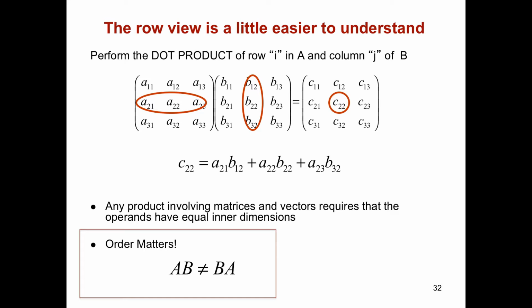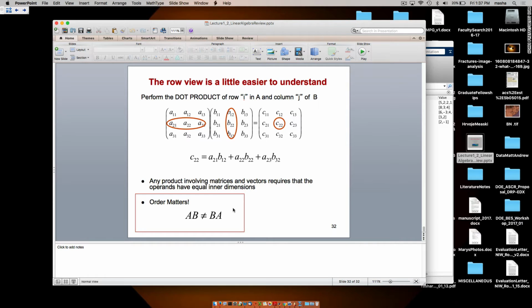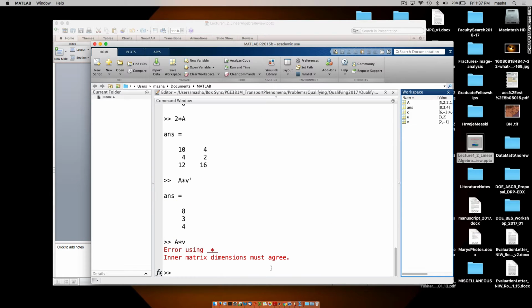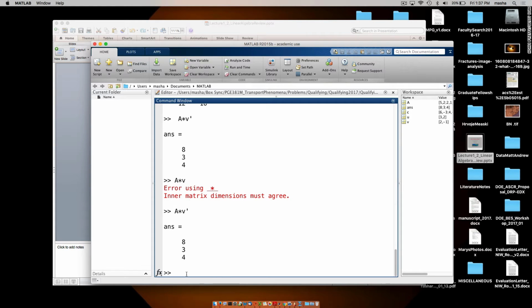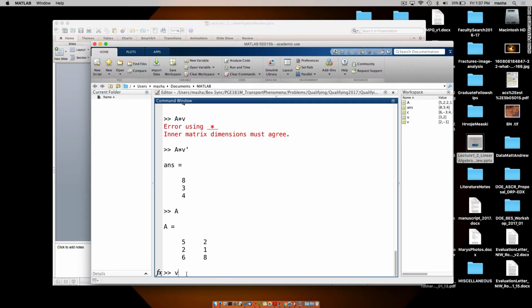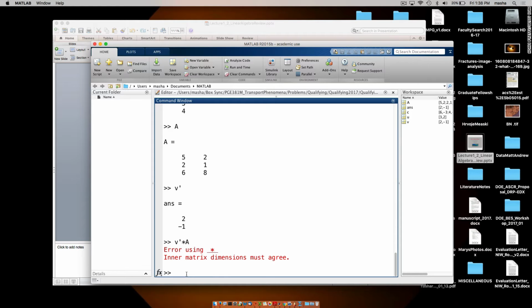So in the case that I had over here, A times V prime, this is something I could do, just as a reminder. A was this and V prime was that. But can I do V prime times A? I can't even perform the operation.